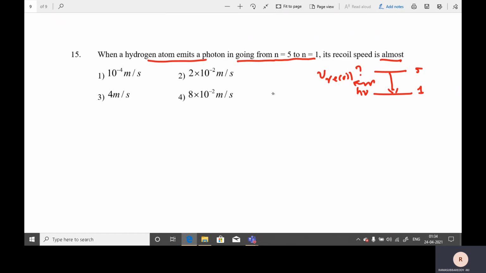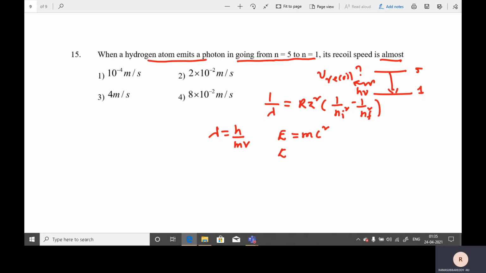When it emits the photon h nu, we know the relation 1 by lambda is equal to R z square into 1 by ni square minus 1 by nf square, and we know the relation lambda is equal to h by mv. Another relation we have: energy and mass, E is equal to mc square, because it emits a certain amount of energy.